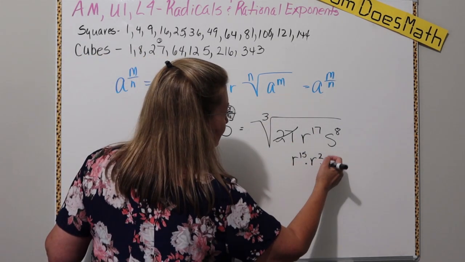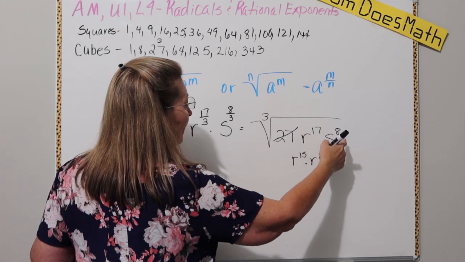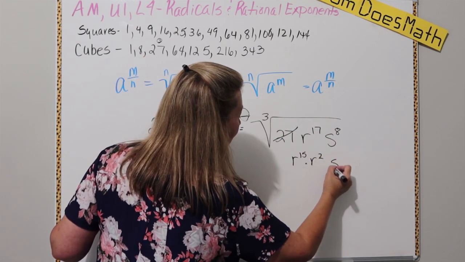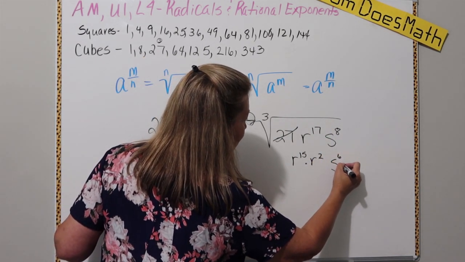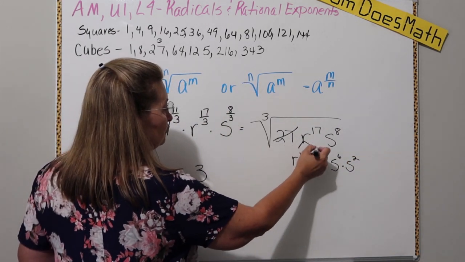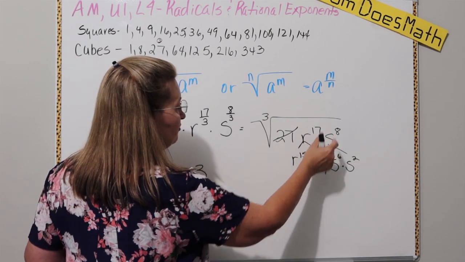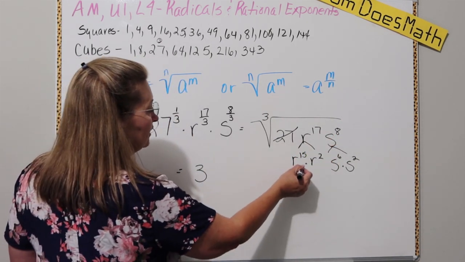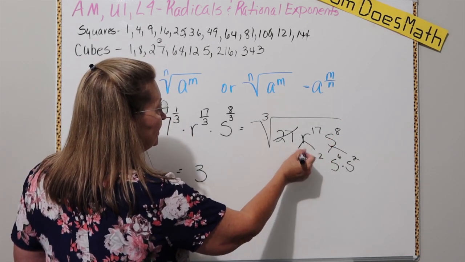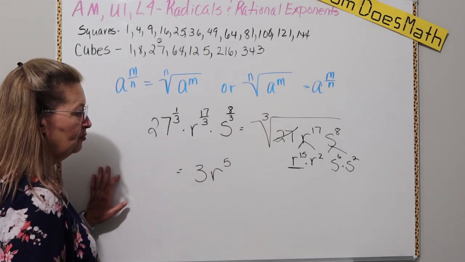Let's go ahead and do S. What is a multiple of 3 that is closest to 8 without going over? Well, how about S to the 6th, which would leave us S to the 2nd. You see how I wrote both of these so the exponents add up to give me my original. Now, take the one that's the multiple. 15 divided by 3 gives you R to the 5th power.